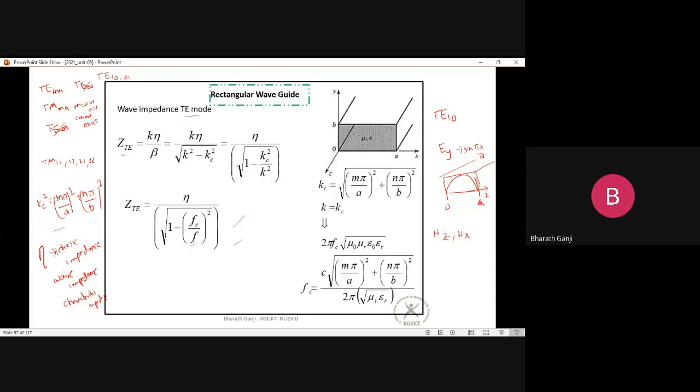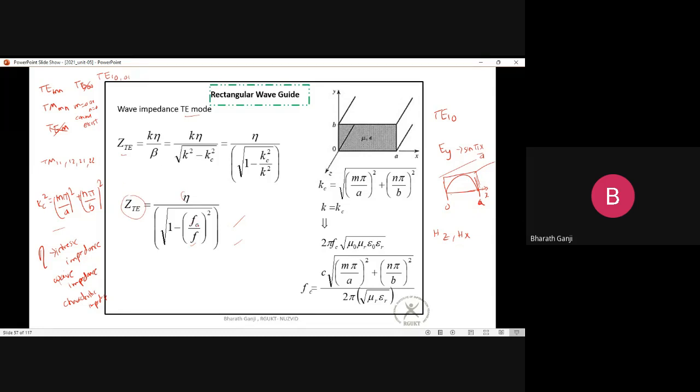So usually when you are dealing with a transverse electromagnetic wave, or a wave traveling in free space inside a medium which is unbounded, then the impedance we deal with is an intrinsic impedance, right? When you are dealing with a wave which is traveling in a bounded medium, then we talk about wave impedance. You can see that intrinsic impedance depends only upon the material properties, but it does not depend upon the geometry of your waveguide. Whereas the wave impedance depends upon the geometry of your waveguide.